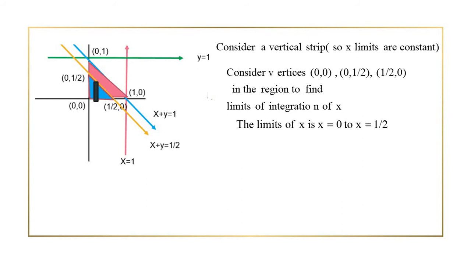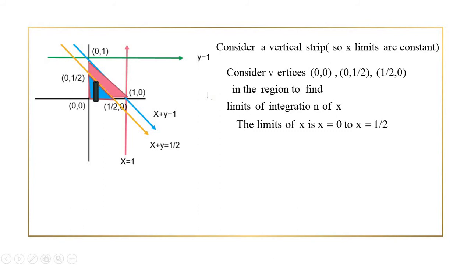Now, let us evaluate the limit of y. For that, you have to consider the equation where the vertical strip touches the bottom. The equation where the vertical strip touches the bottom is nothing but the x-axis. Therefore, y is equal to 0. Now, consider the equation where the vertical strip touches the topmost part.